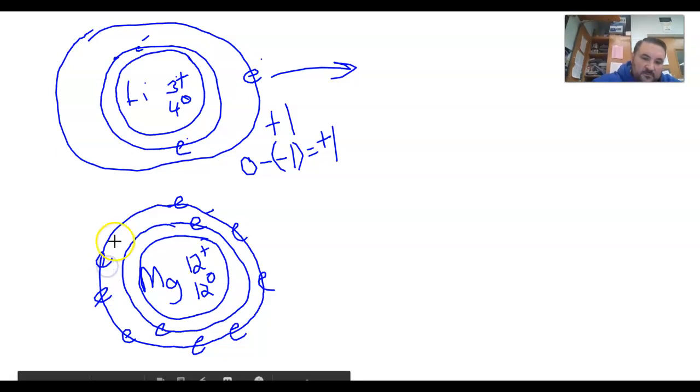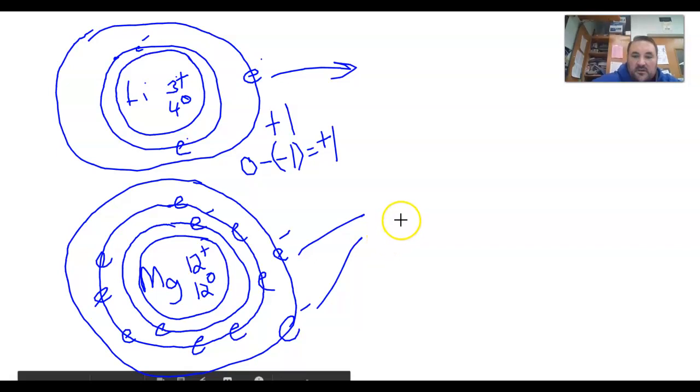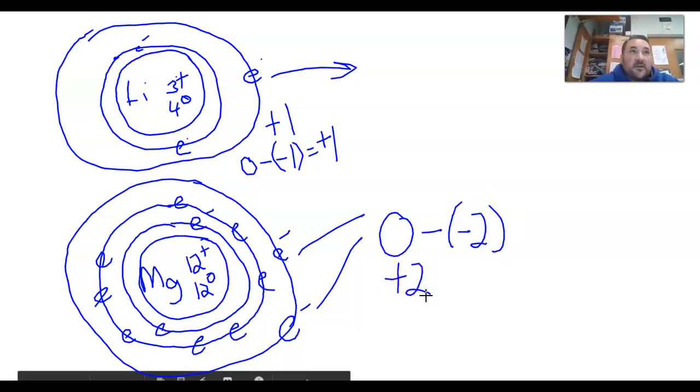So it's full. So 2 plus 8 is 10. I need 2 more. This outer shell has 2 more electrons in it. So it's easier to lose those 2 than gain 6. So both these electrons will leave. So if I have a 0 charge, subtract 2 negatives, my overall charge is positive 2. Everything in group 2 will be a positive 2.